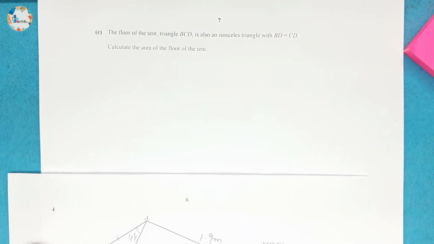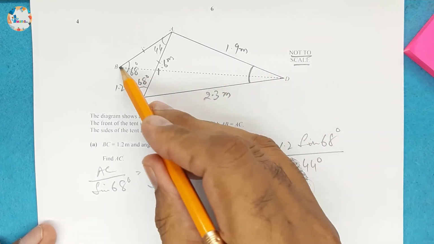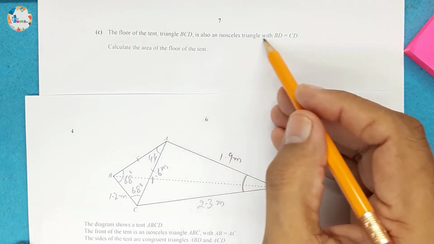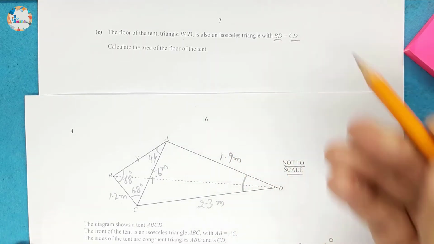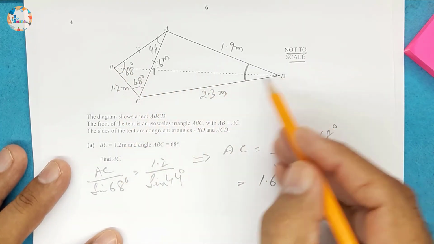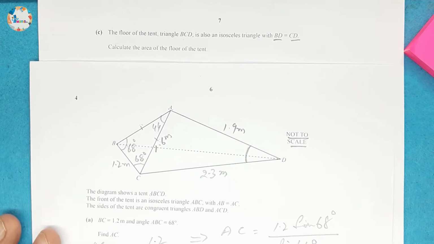Part C, the floor of the tent. The floor of the tent, triangle BCD, is also an isosceles triangle with BD equal to CD. Calculate the area of the floor of the tent.